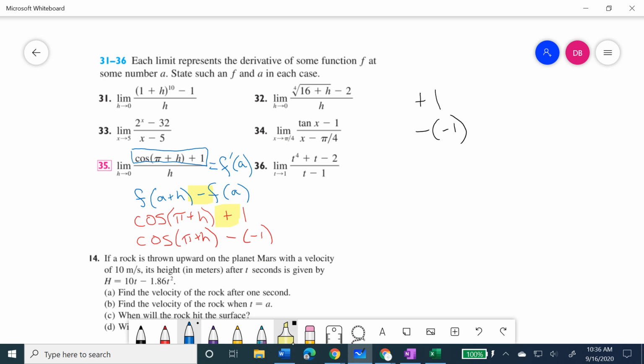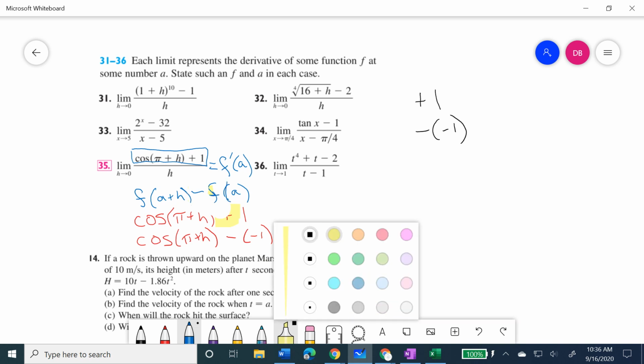Where I have the a plus h, and actually I'm going to erase the highlights, okay, it won't just erase the highlights, it erases everything. I'm going to change highlight color then.